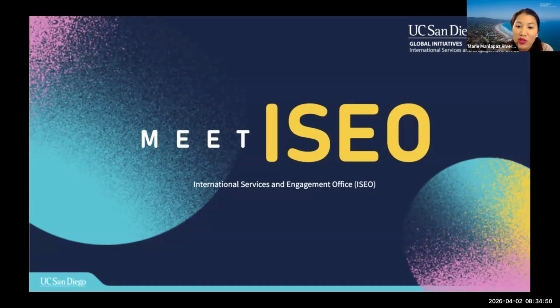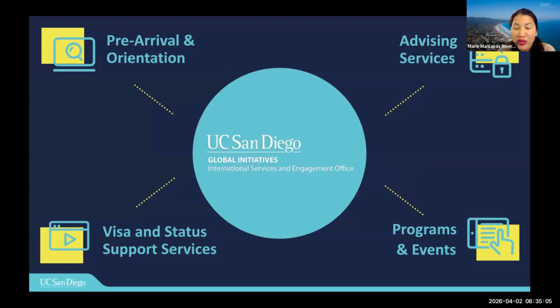So first, let's go over a brief introduction of ISEO, the International Services and Engagement Office. We're here to support you throughout your time here at UC San Diego. ISEO offers a number of different services, including pre-arrival support and orientations, such as the webinar you're attending today. We also are the office on campus that will support you in maintaining your status as an international student.